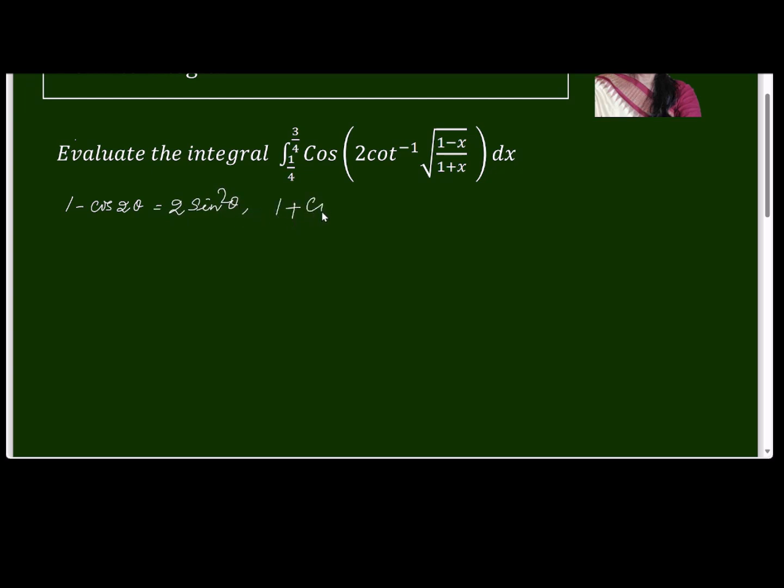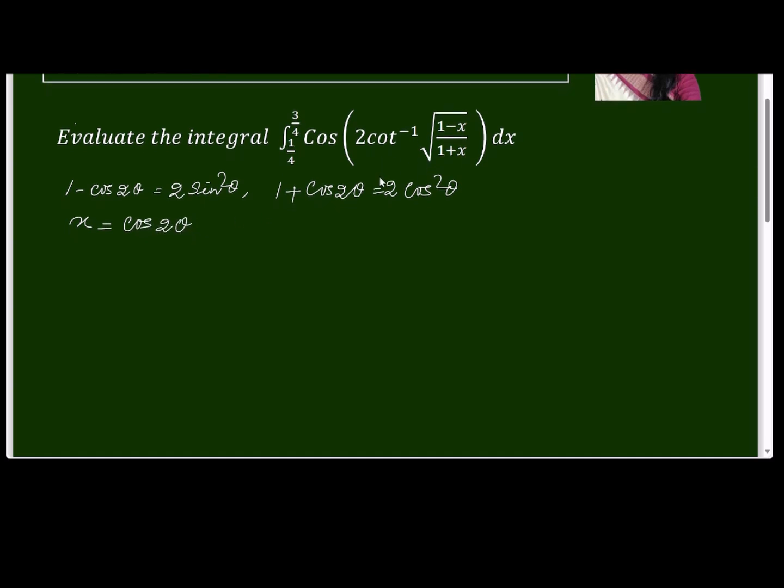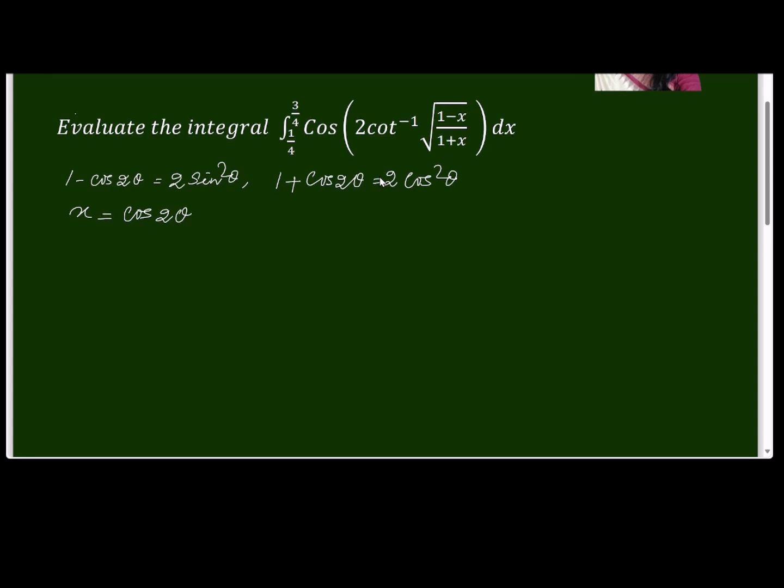1 plus cos 2 theta equals 2 cos square theta. So here I'll take x as cos 2 theta so that this square root function can be simplified.